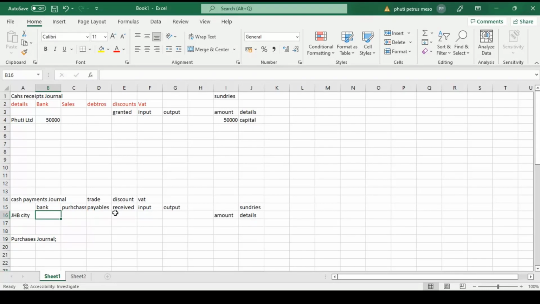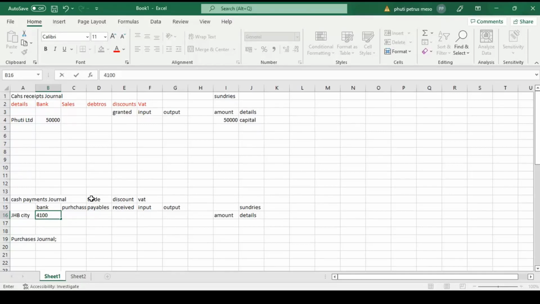How much are you paying for the water and lights? Okay, I think it's 4,100 rand. Remember, Putty Limited is a VAT vendor, so there should be a tax attached to that.